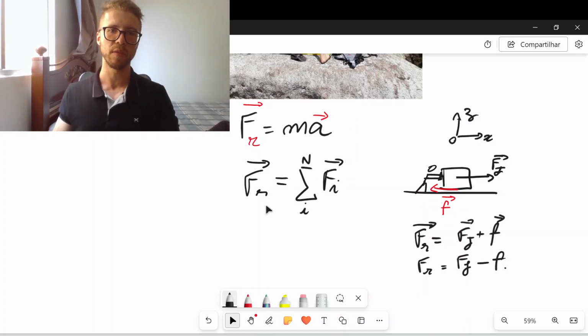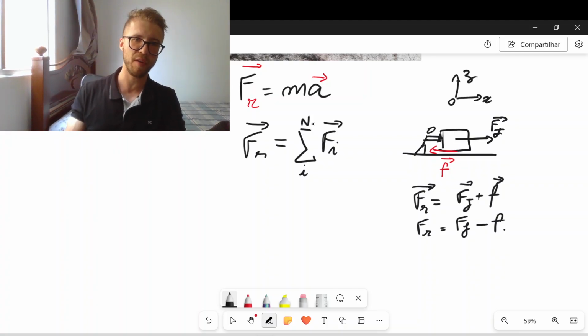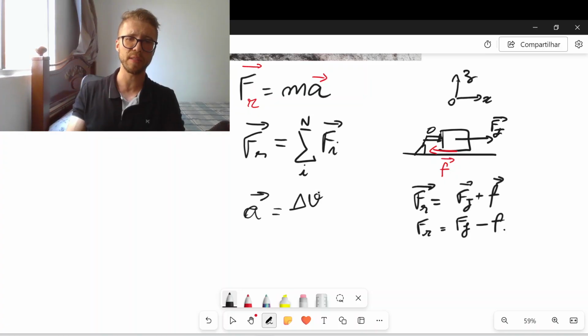Don't be confused. Mass is a quantity of matter. It is a fundamental unit. We will use kilograms for that in SI units. The acceleration, I'm talking about the mean acceleration right here, is how the speed varies, the velocity actually, over a given time.